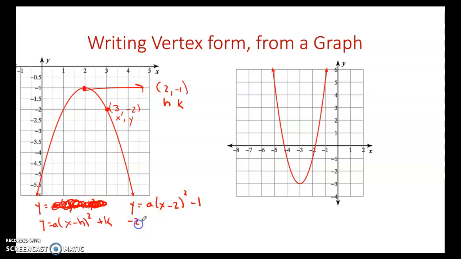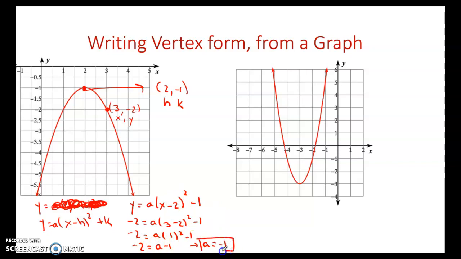Substitute that in, so -2 equals a times 3 minus 2 squared minus 1. -2 equals a times 1 squared minus 1. So this is going to be -2 equals 1 squared is 1, a minus 1. So a is going to equal -1 because I added 1 to both sides.